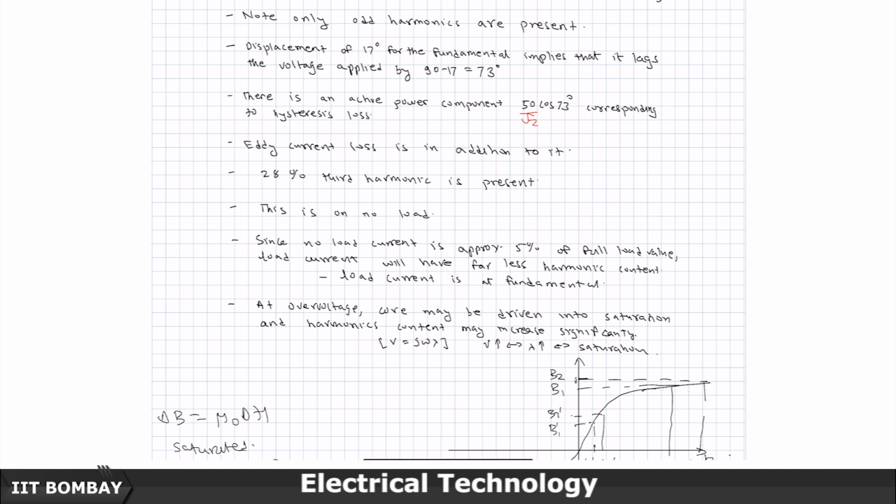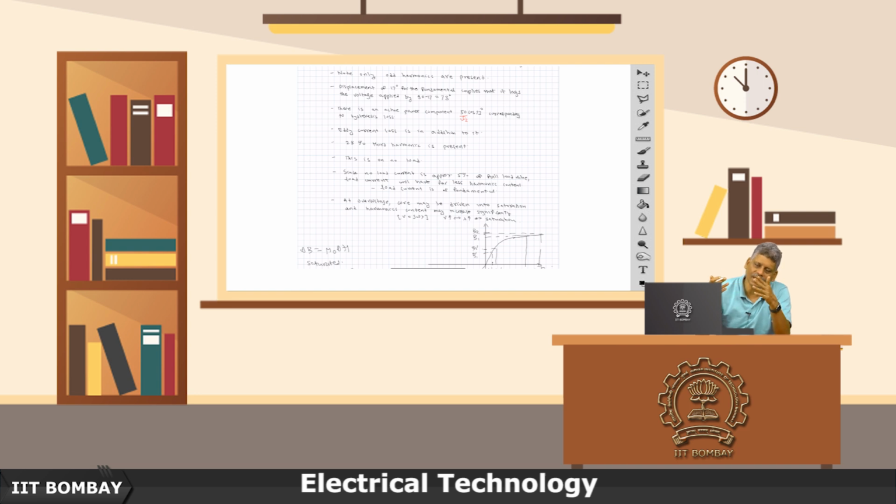And at over voltages, the core may be driven into saturation. That is why over voltages are not good for our transformers. When you design a transformer, you do not want to unnecessarily put too much iron, so you will choose your phi m to be close to the knee point. Now, if you apply over voltage, what will happen? The flux will increase, so phi m will increase, and the transformer will be pushed into saturation.